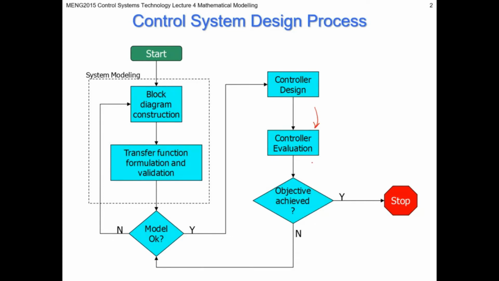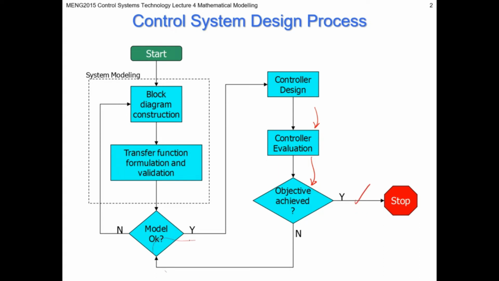You can run some experimental tests. Of course, you can use the model to do that, or you could do the tests using a physical prototype. If you compare the test results you're getting from your controller with the targets or your performance requirements of the system, and they match up well enough, then you can say, okay, job done.